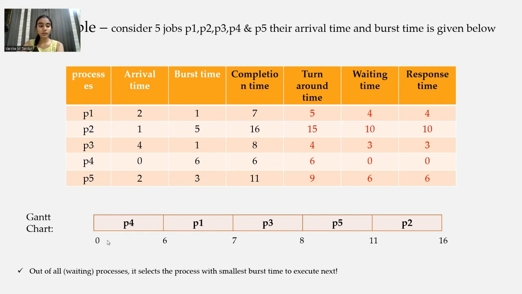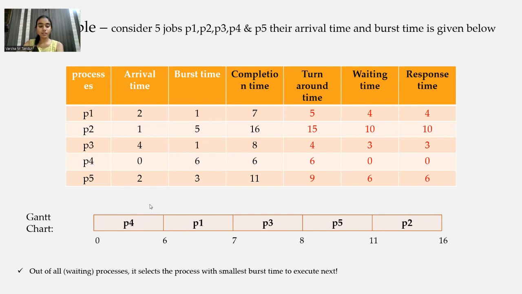If we look at this chart here, at 0 CPU time, there is an allocation of process P4 because the arrival time of P4 matches with the CPU time. So that is why P4 is allocated and its corresponding burst time is 6.